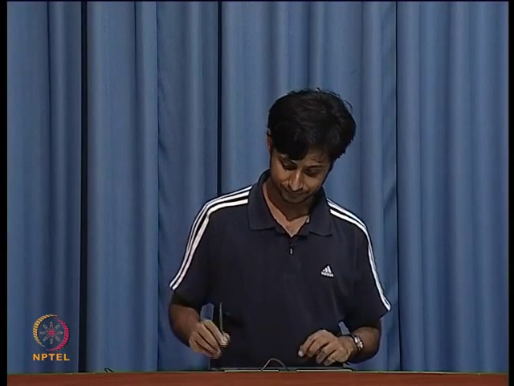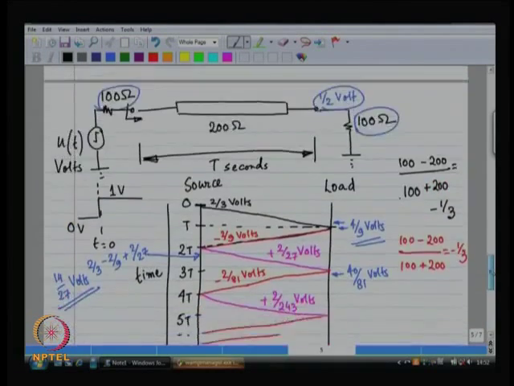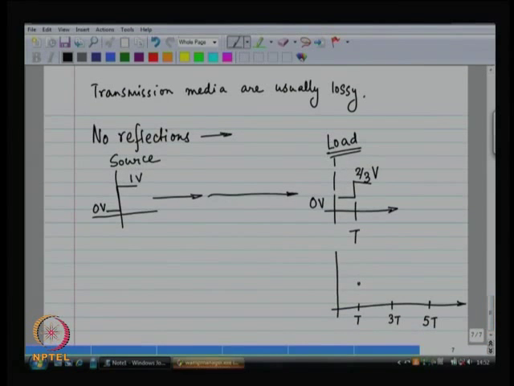The example that I did: at time capital T, I got 4/9 volts. At time 3T, I got 40/81 volts.